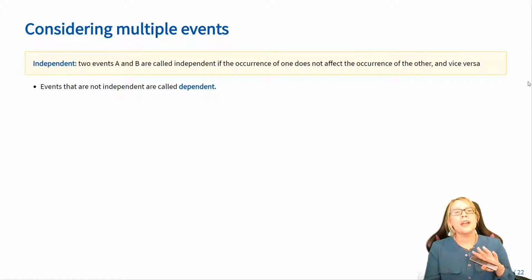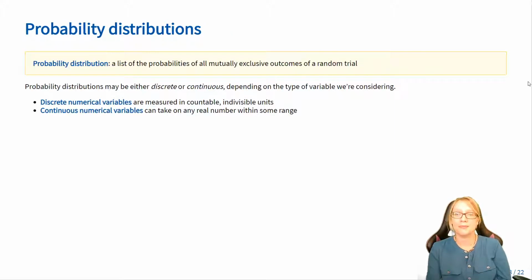On the other side, events that are independent can occur together and do not affect the probability that they occur. So they're independent if A does not affect B and if B does not affect A. If there is some sort of relationship between the 2 events, A and B, we refer to them as dependent events.